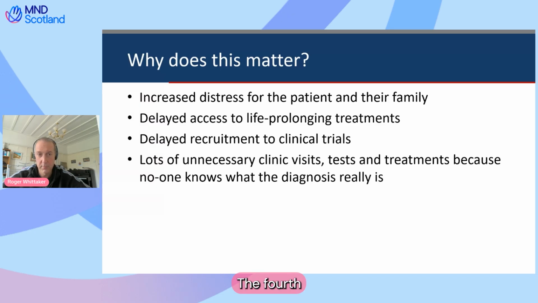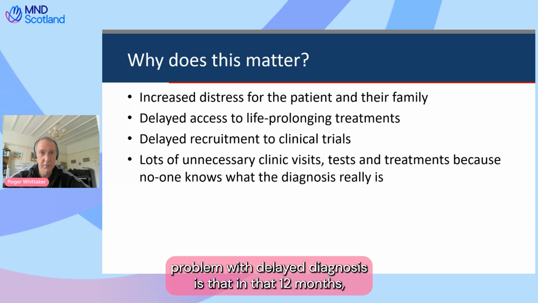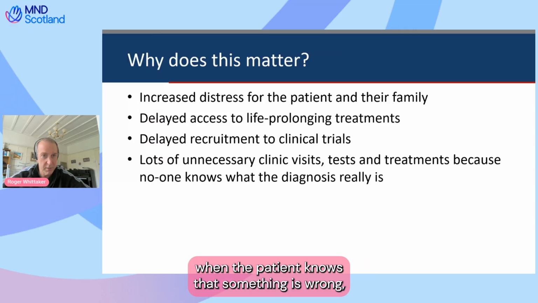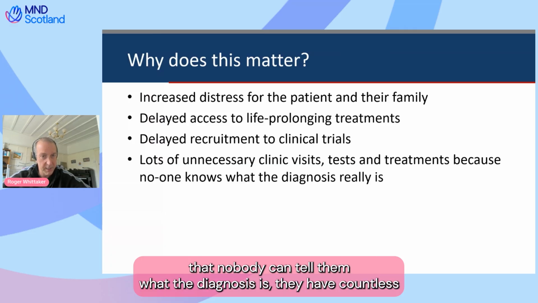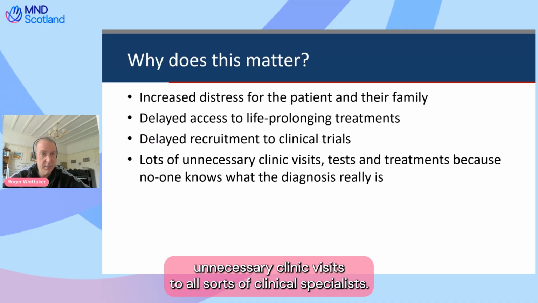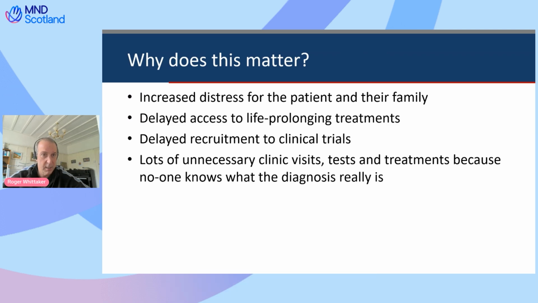The fourth problem with delayed diagnosis is that in that 12 months, when the patient knows that something is wrong, but nobody can tell them what the diagnosis is, they have countless unnecessary clinic visits to all sorts of clinical specialists.